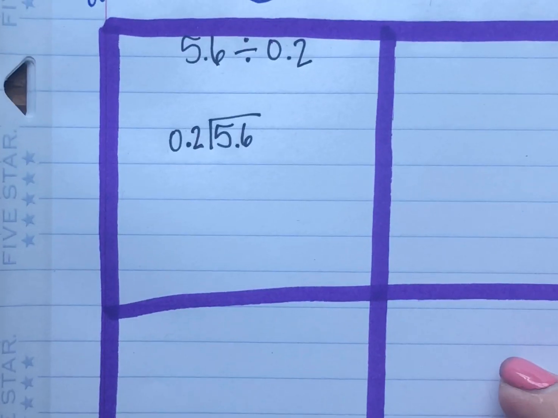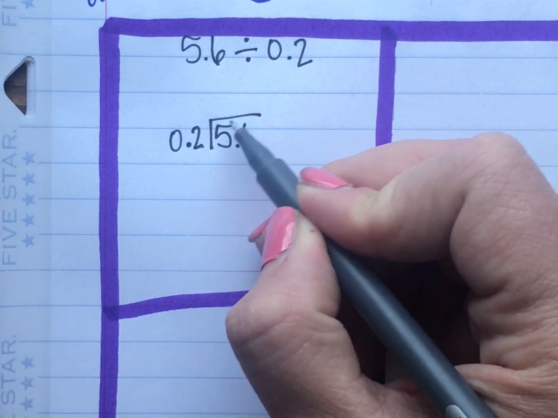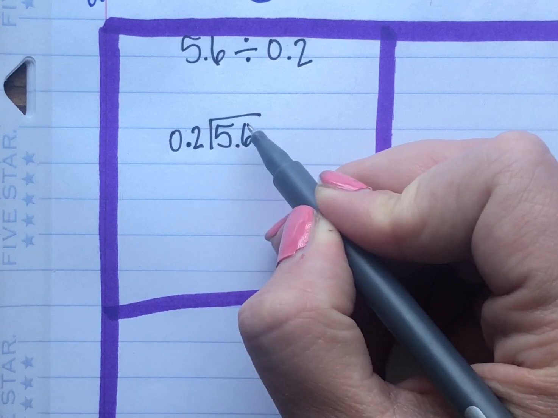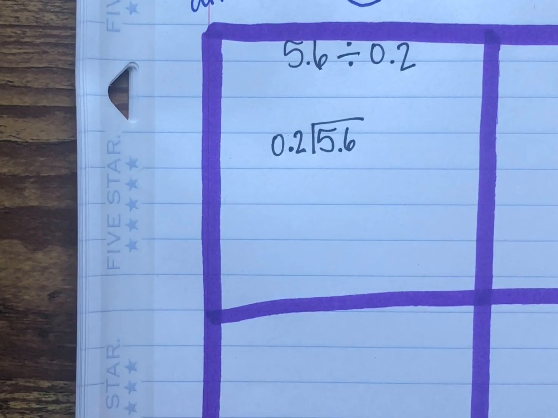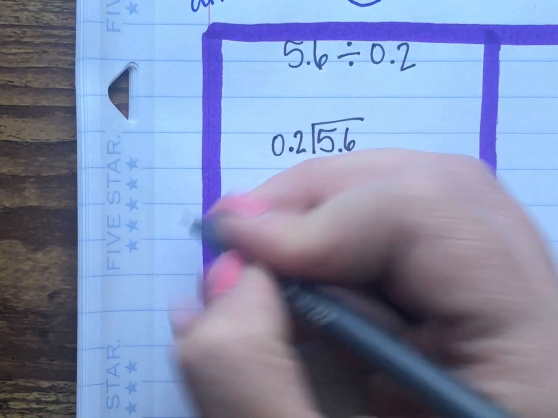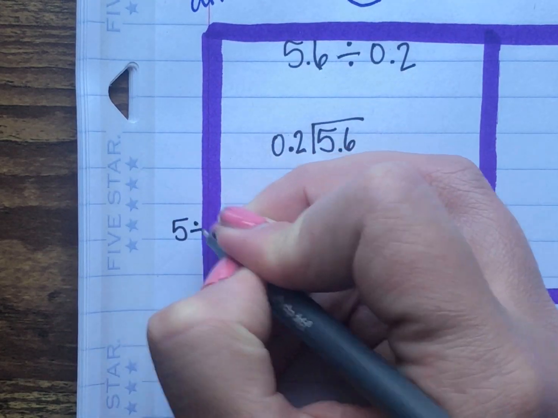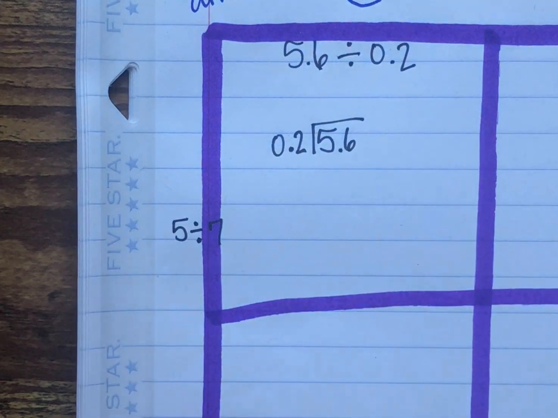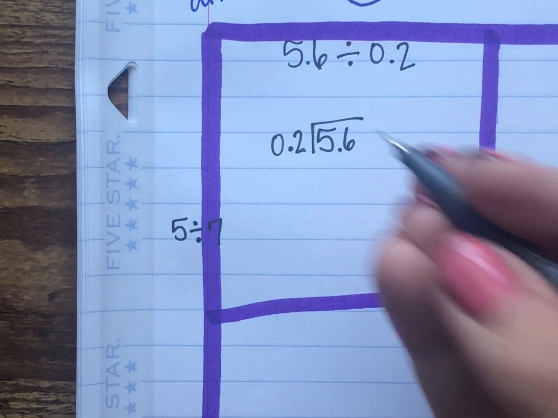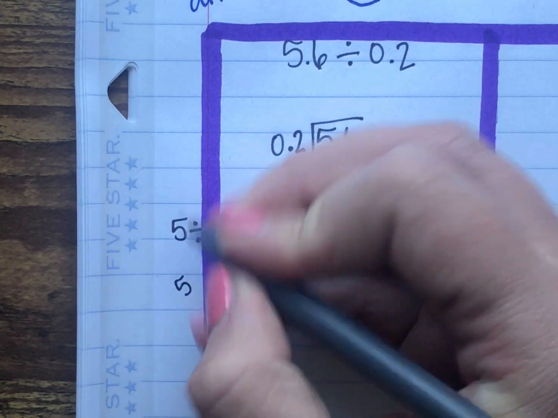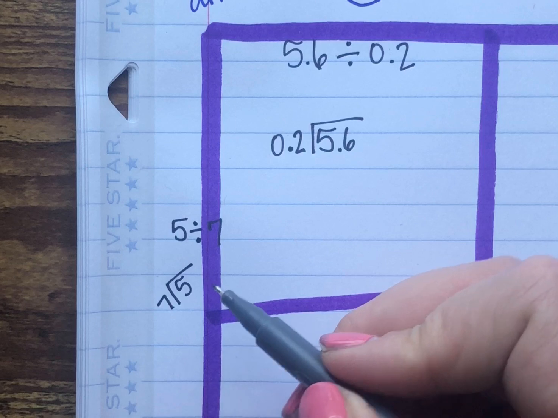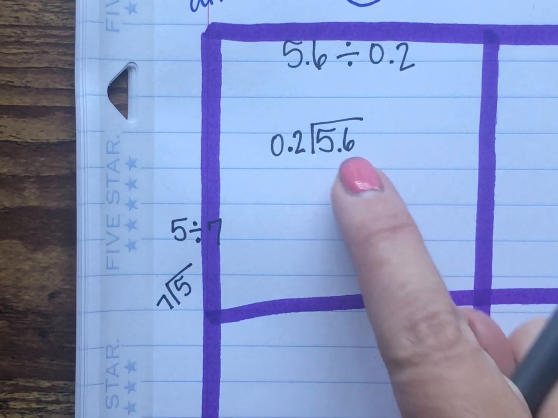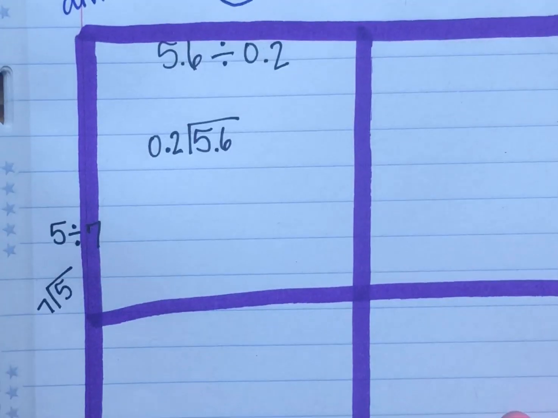Super important for us to remember, this is not always going to look like the bigger number. It's not always going to be the number with more digits. For instance, if we had something that looked like 5 divided by 7, the 5 would go inside and the 7 would go outside. So it's not always going to be what we think is the bigger number that goes inside of our division problem.